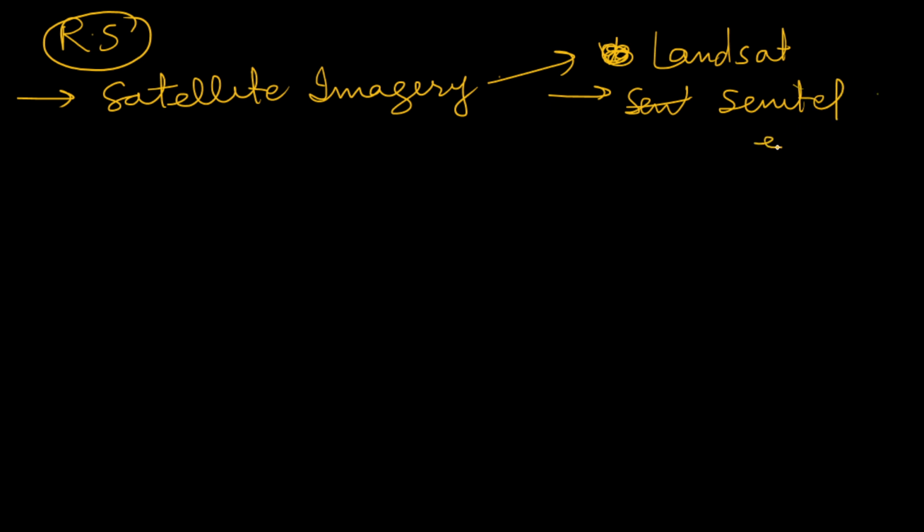These are some of the common satellites, and they can help us get hyperspectral images. Remember the term hyperspectral image. We can get hyperspectral images of various vegetation, land cover changes, and water bodies.